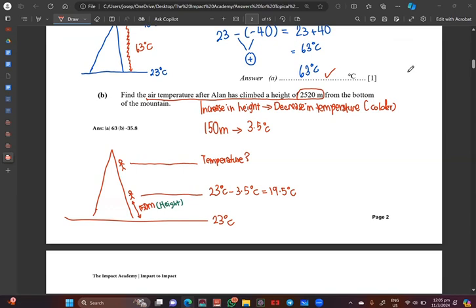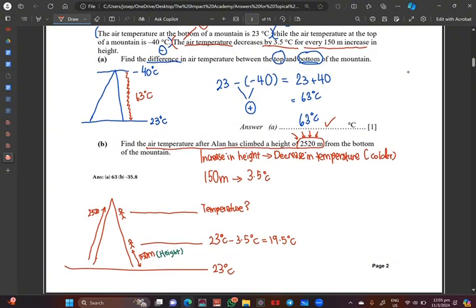So what I want to do is find what happens when this person, Alan, climbs a total of 2520 from the bottom. So from here, he goes all the way up until this point, and this point is around 2520. Can you understand or don't understand?